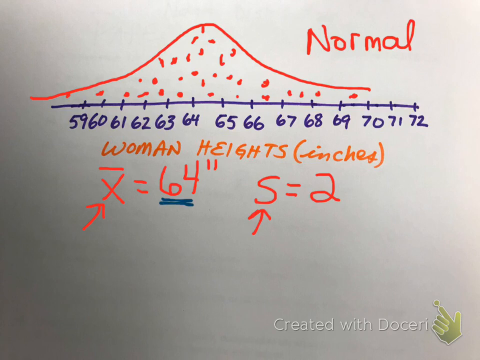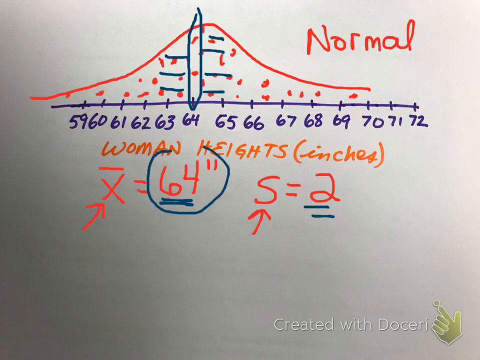So 64 gives us an idea of what the average woman's height would be. And the standard deviation is a measure of spread. So it tells us that the spread between the dots is about 2 inches. Once again, the average is a measure of center, and the standard deviation is a measure of spread.